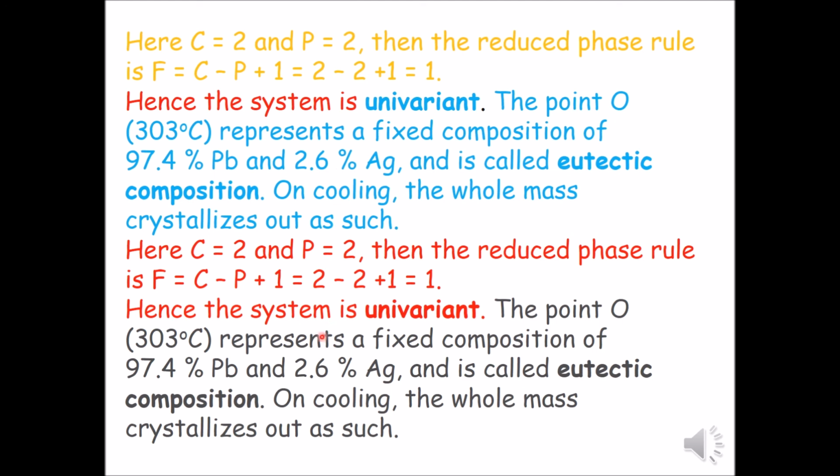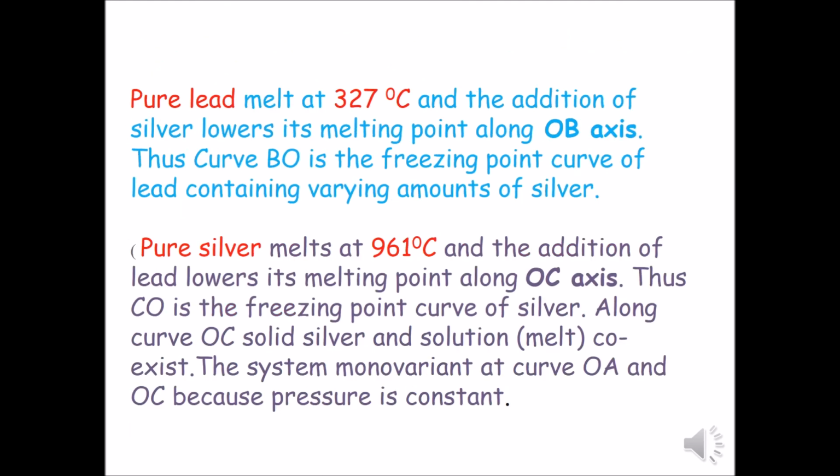So basically what could be the degree of freedom at eutectic point, that also we have to understand, because this I have already explained in curve. What is the temperature, what is happening on the curve, that I have explained in that phase diagram.